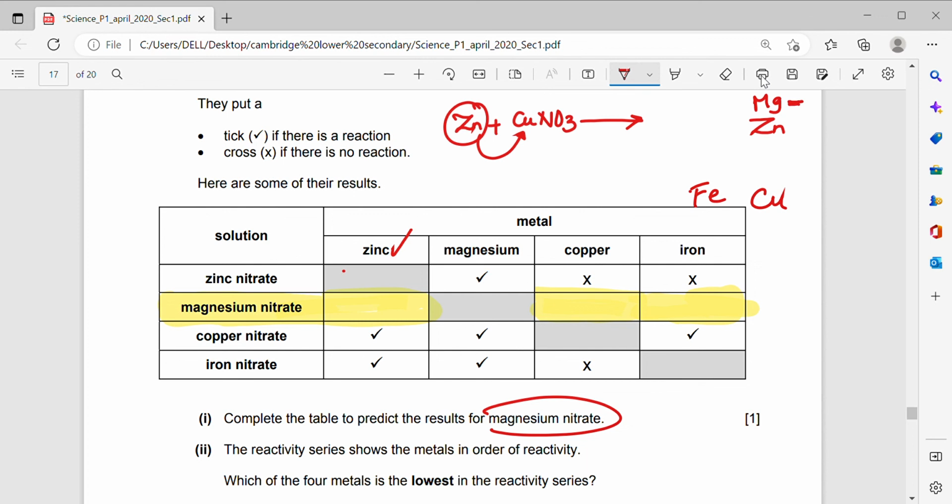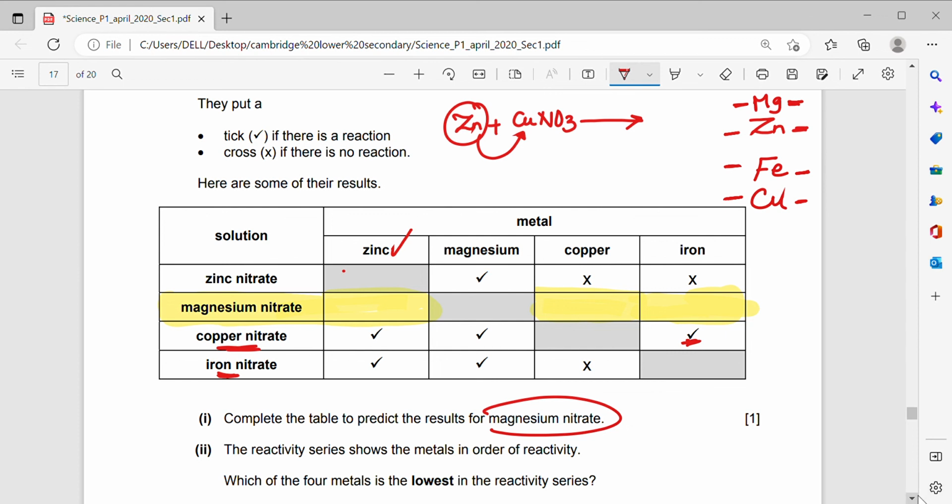Now let's come to copper. Copper cannot replace the zinc, right. Copper cannot replace the iron, so which is higher? Iron is higher than copper. Okay. Regarding iron, iron cannot replace the zinc, but iron can replace the copper, so a reaction happened. So my order of the elements is correct. Magnesium is the most reactive, the least reactive is the copper. Okay, the reactivity series shows the metals in order of reactivity.